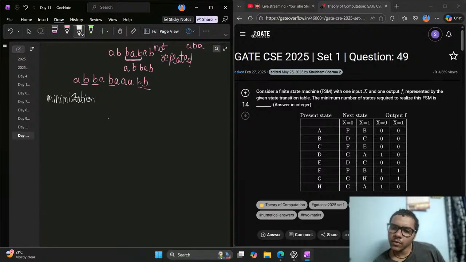With one output, so if A is given 0, it goes to F. If A is given 1, it goes to B, and B is given 0, it goes to D, and if B 1, C.